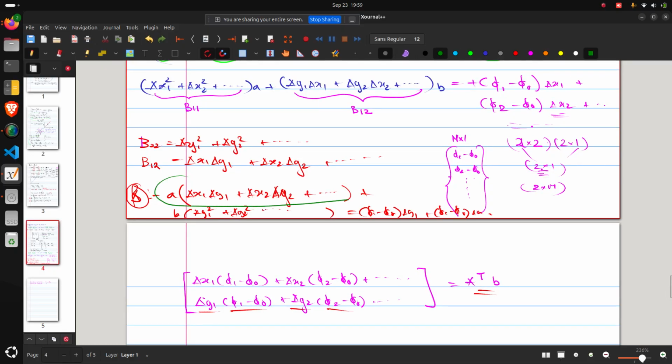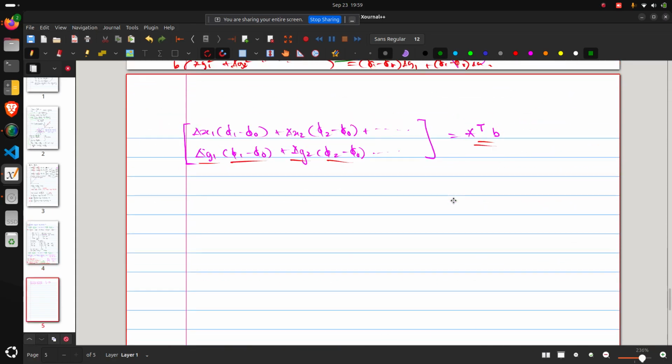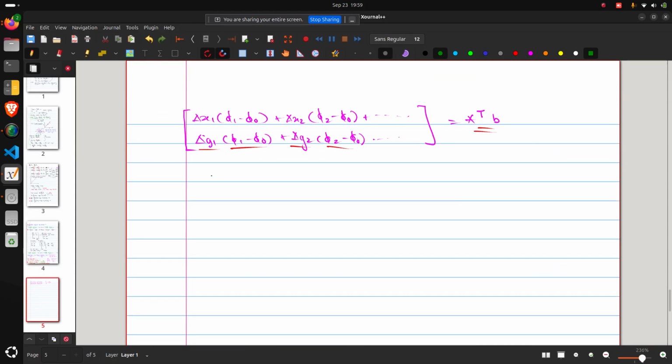So this part we can write as A times B21 plus B times B22, right. Now in a matrix form, if we write B11, B12, B21 and B22, what do we have multiplied with it?